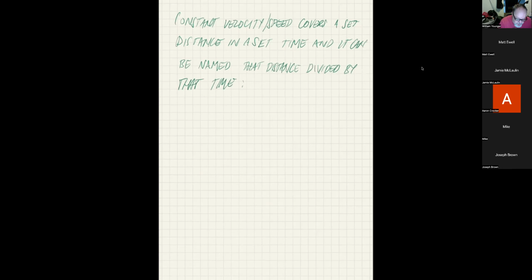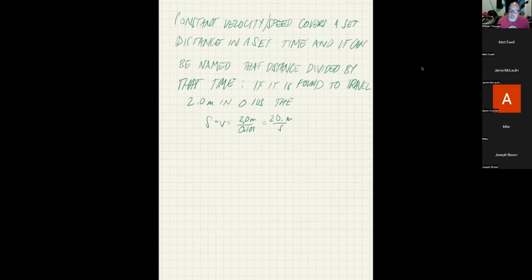For instance, if it's found to travel 2.0 meters in 0.10 seconds, then S equals V equals 2.0 meters per 0.10 second, which you could also interpret as 20 meters per second, just because the math allows you to do it.